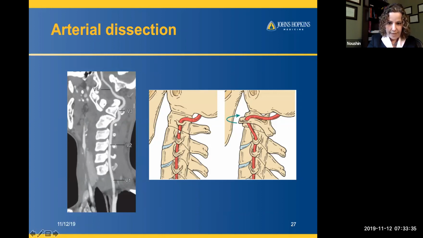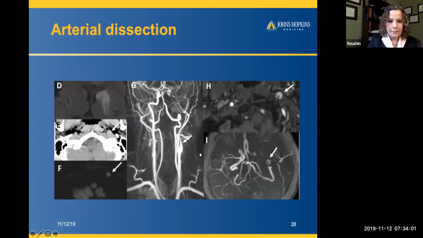V3 is a segment that is looping around C2 going to the skull base, and then the distal segment is V4, which also has an intradural segment. As you can guess, when there is a rotational injury, the more common segments of the vertebral artery that can get involved are the V3 and V4 segments, where we see dissections more commonly. It's just because of the way the anatomy is.